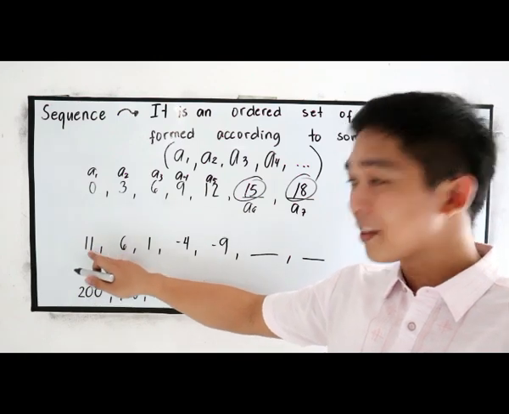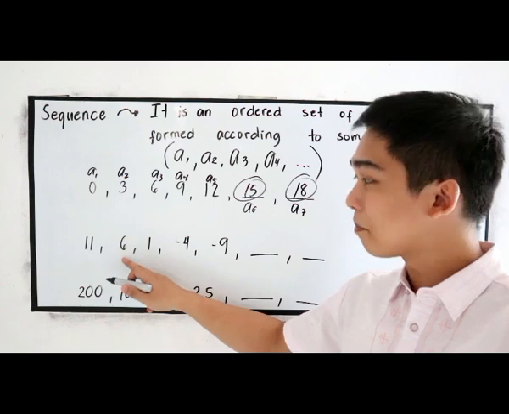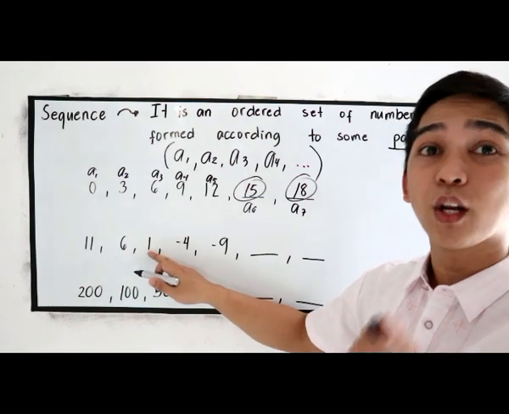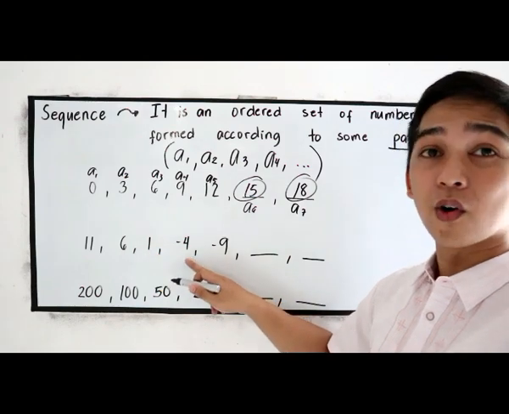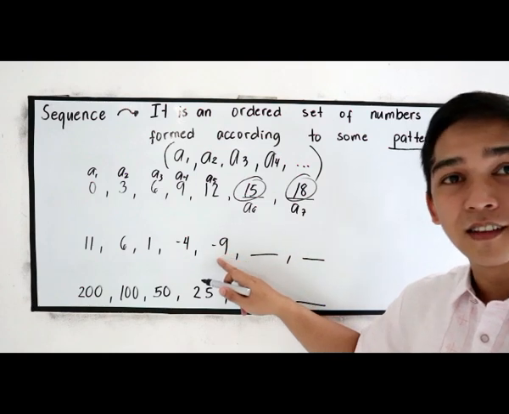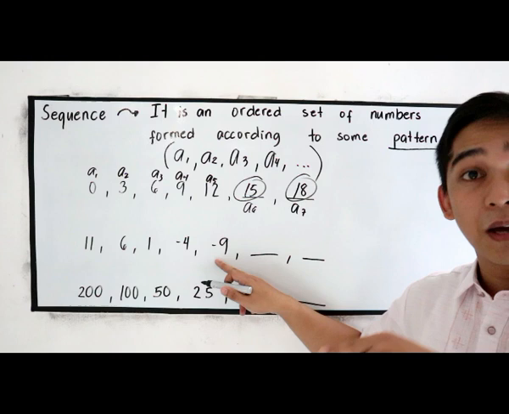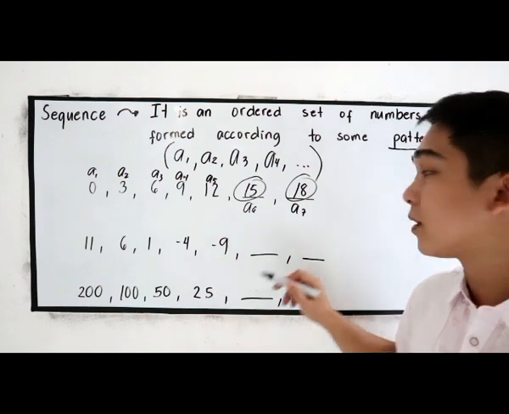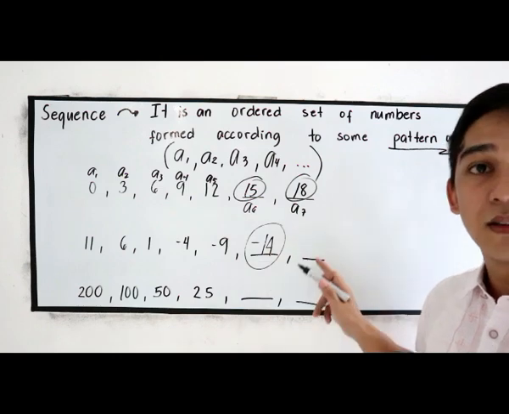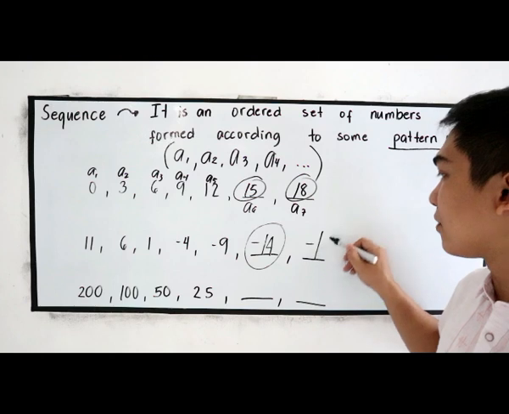So 11 minus 5, that is 6. 6 minus 5, that is 1. 1 minus 5, negative 4. Negative 4 minus 5, negative 9. So the next term is negative 9 minus 5, negative 14. Next to negative 14 is negative 19.